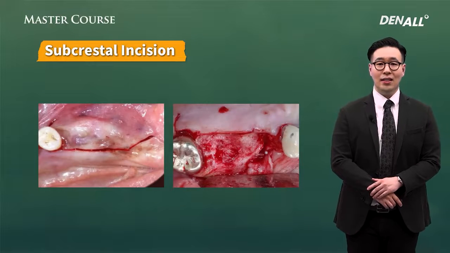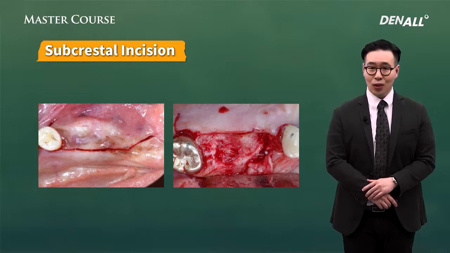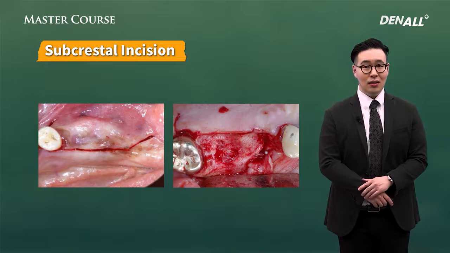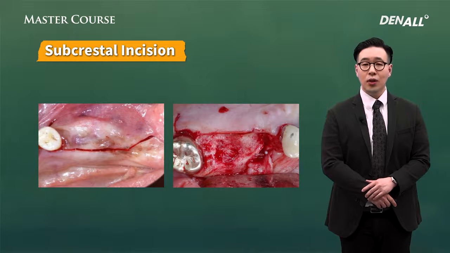At times, due to slow healing in extraction socket, there can be soft tissue defect or epithelial tissue may not be fully mature, and in those cases, do subcrestal incision to avoid that. It will make surgery after flap elevation and suture much easier.